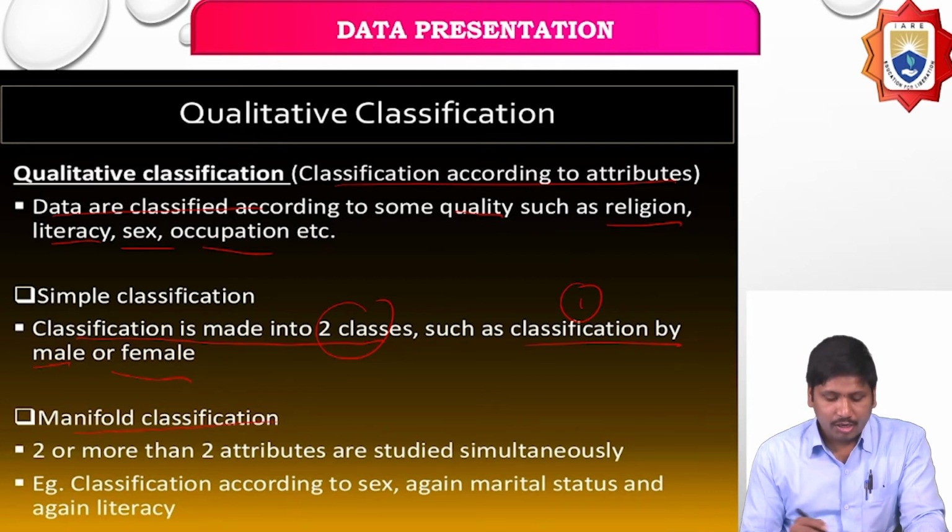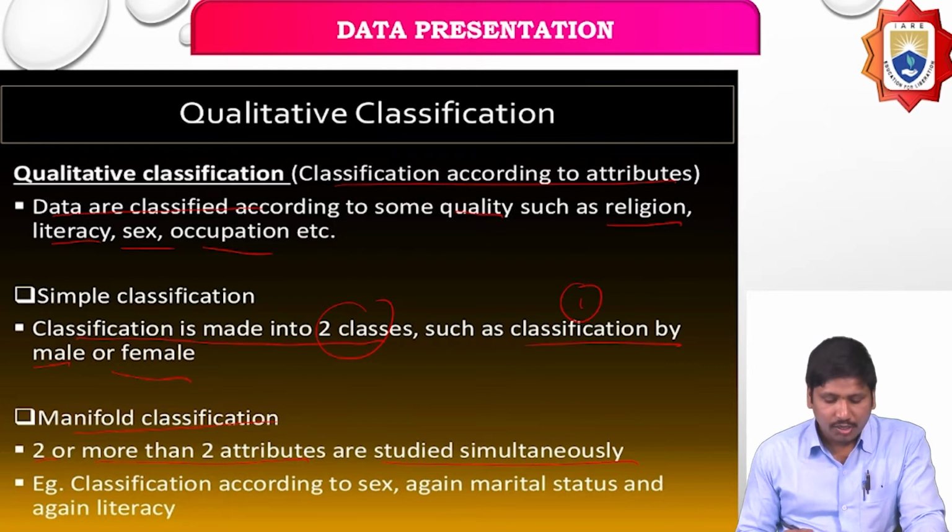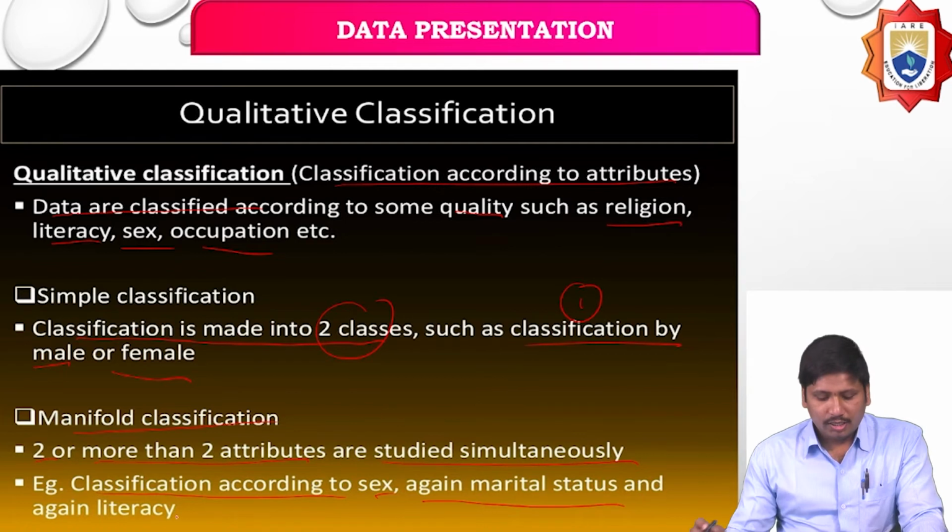Manifold means two or more than two attributes are studied simultaneously. So here the data is classified according to sex, and then marital status, and then literacy, like this.